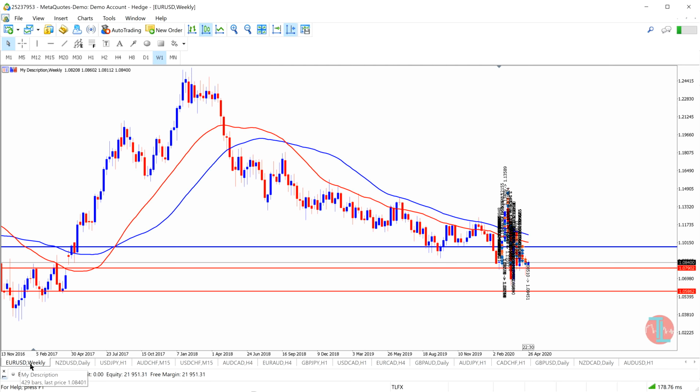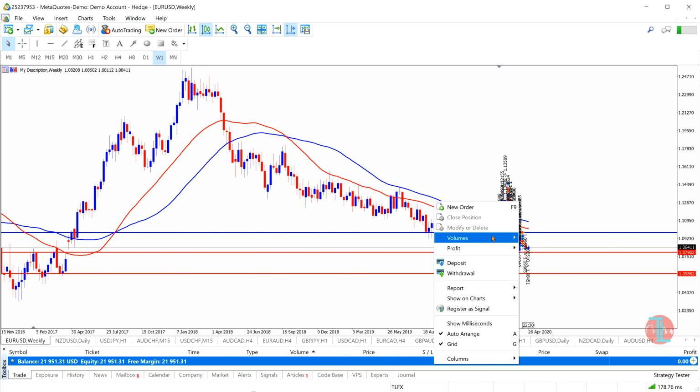So you can see here that we are currently on the Euro dollar chart on a weekly. I'm actually going to have to take out these... So remember, if you trade inside of MetaTrader 4 or 5, at times you'll find that your past trades have been marked on the chart.